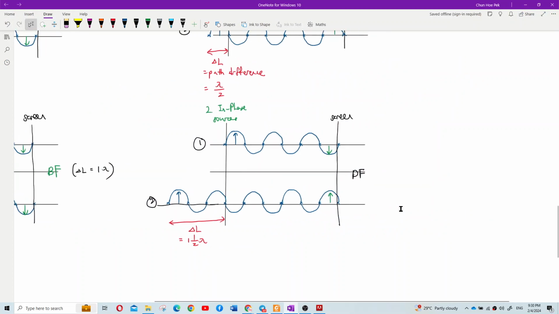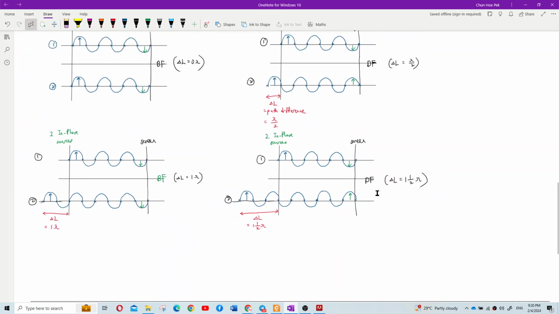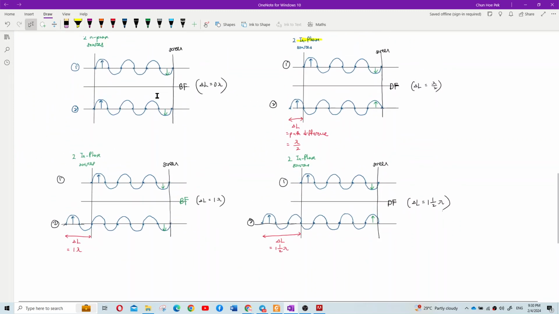So, how much is the delta L to produce a dark fringe, class? For the fourth case here, the delta L is 1.5 lambda. I want you to see a pattern here, class. From these 4 very simple examples, you can see a very clear pattern.